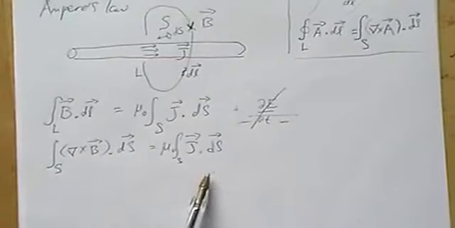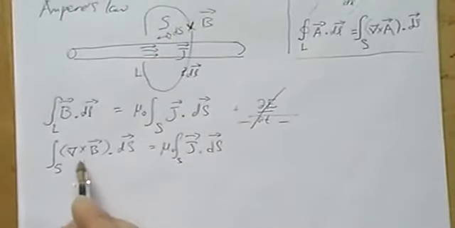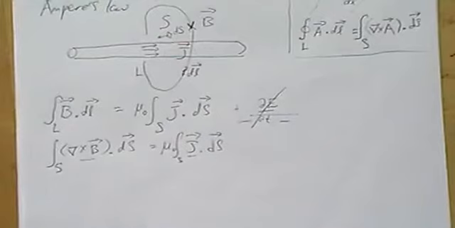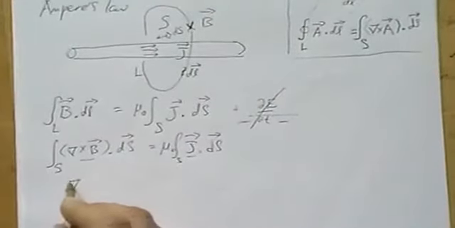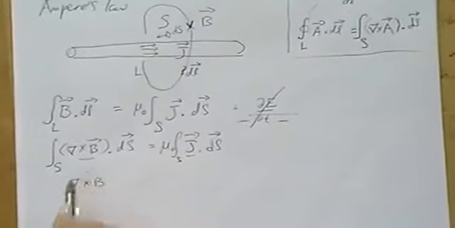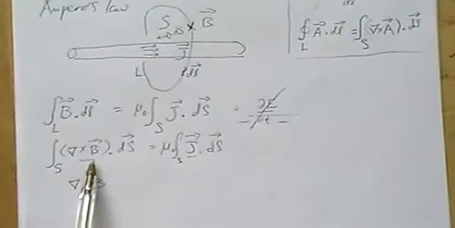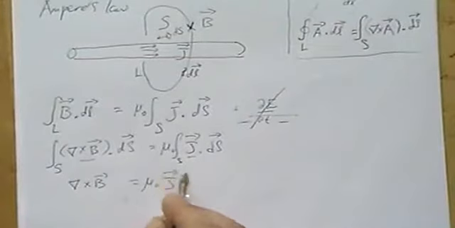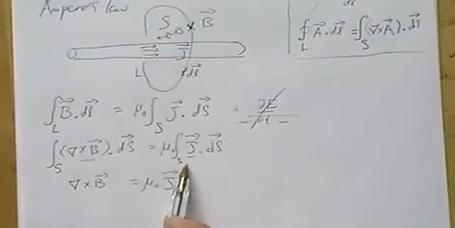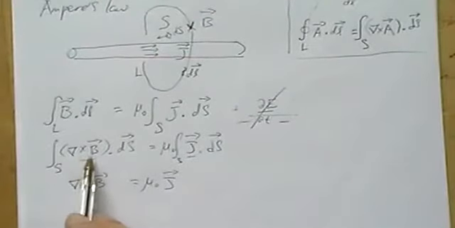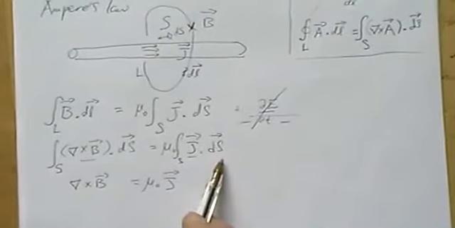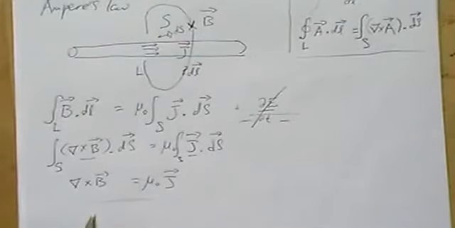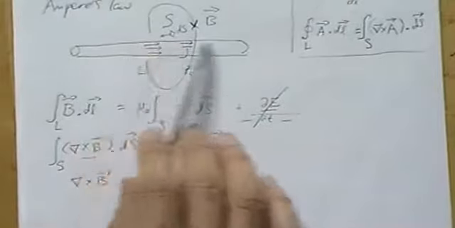So since this is true for any surface or loop, the integrand, that means the thing inside the integral, on the two sides have to be equal. Otherwise, if there are positions in space where these are not equal, then I can always choose the surface to be in those positions, and then the left side would not be equal to the right side anymore.